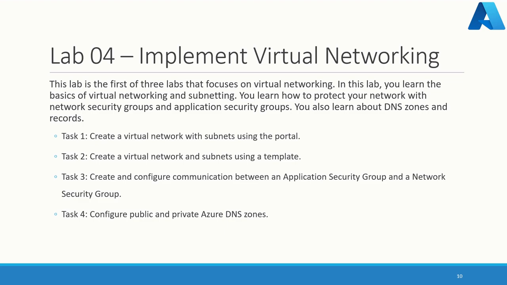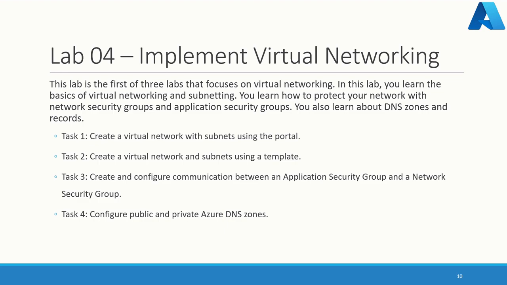So there are 4 tasks that I will perform in order to achieve this. In task 1, I'm going to show you how to create a virtual network with a subnet using the Azure portal. In task 2, we're going to do the same thing. We'll create the second virtual network, but this time using a template, and that virtual network will also have its own set of subnets.